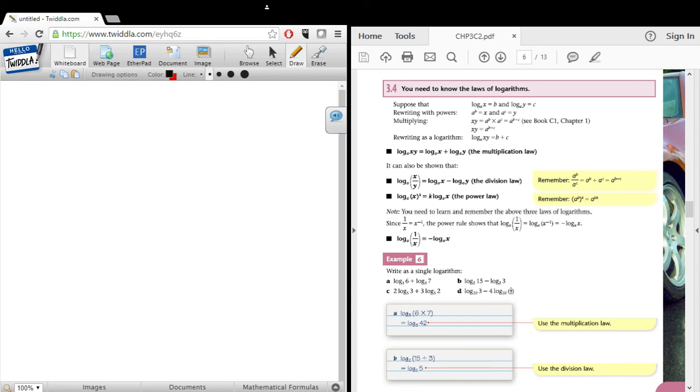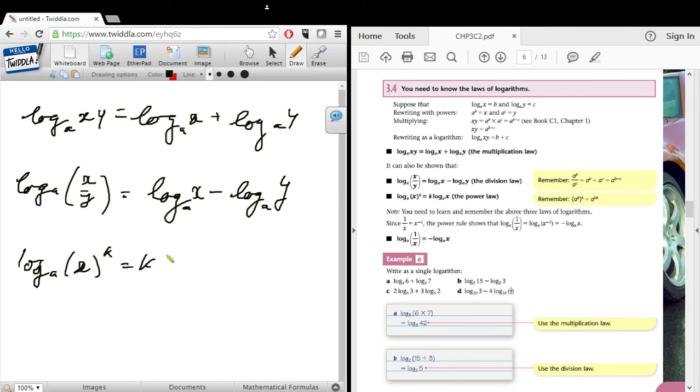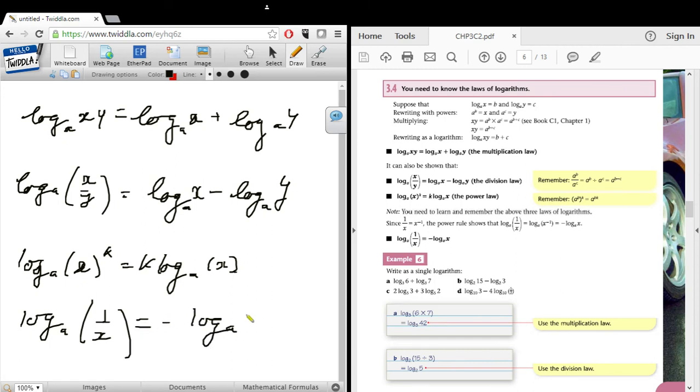So one thing that we have to appreciate is log_a xy equals log_a x plus log_a y, okay, and likewise log_a (x/y) equals log_a x minus log_a y, and log_a x^k equals k log_a x, and finally log_a (1/x) equals minus log_a x.